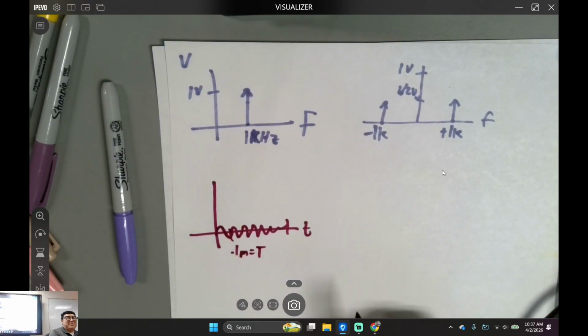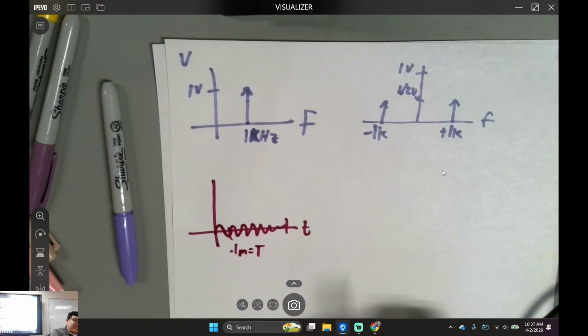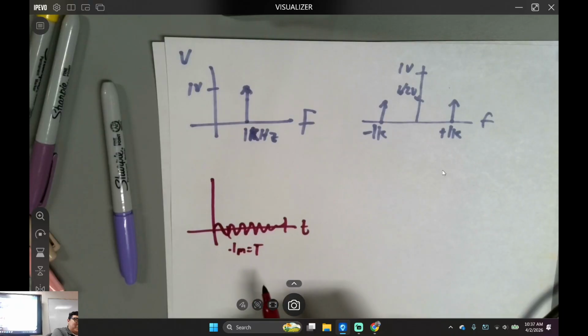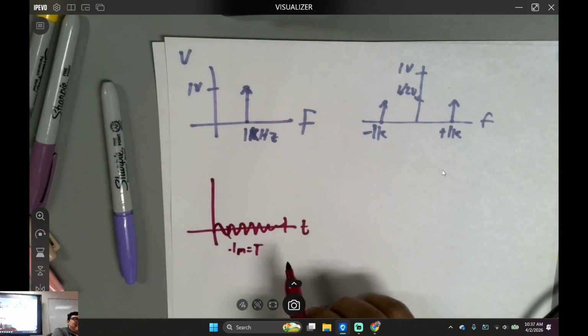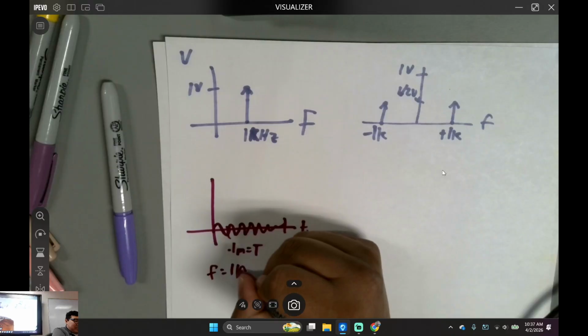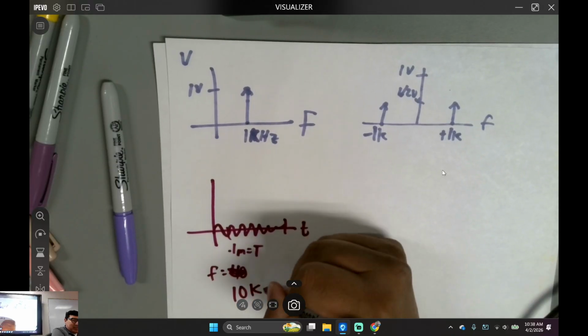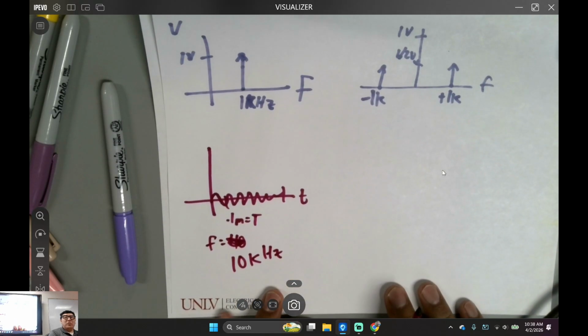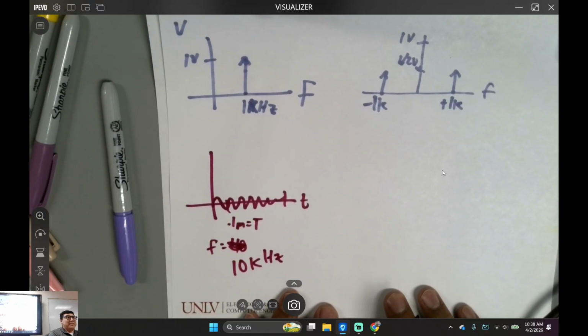What frequency did I choose, if it's 1 millisecond or 0.1 millisecond? 10 kilohertz. Is that making sense with everybody?